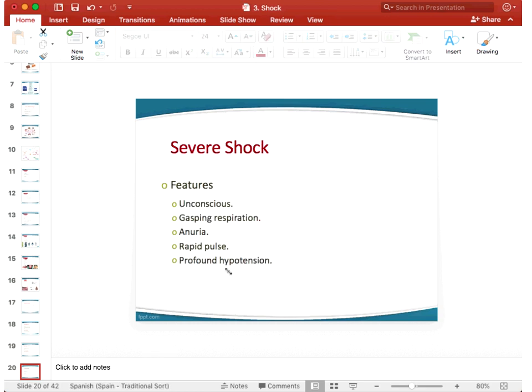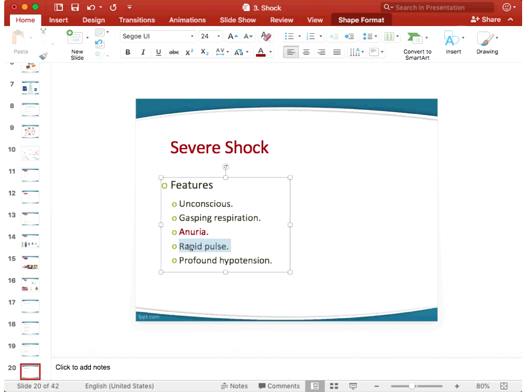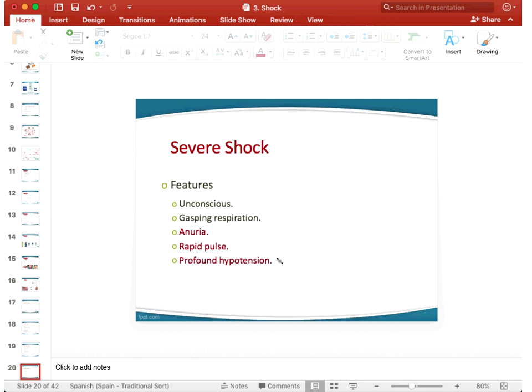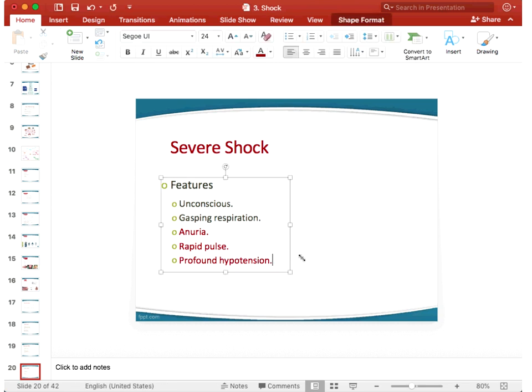Now, in the severe shock, your patient is not responding, it's not urinating, it has tachycardia, it is hypotensive, but most of all, it is not responding to any crystalloids. Then you have to use vasopressors in these kind of patients. Otherwise, you don't have any cardiac output to sustain your patient alive.